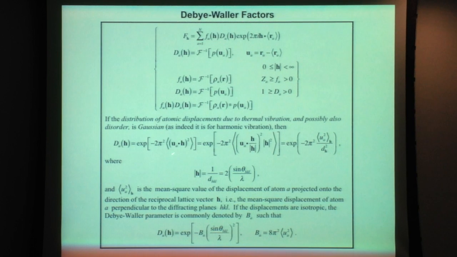It has to do with the product of the displacement and the reciprocal lattice vector for the reflection that we're considering. So this D value is going to change from reflection to reflection because there's this directional dependence. And the physics is such that there's a prefactor of 2 pi squared. No i's in this.